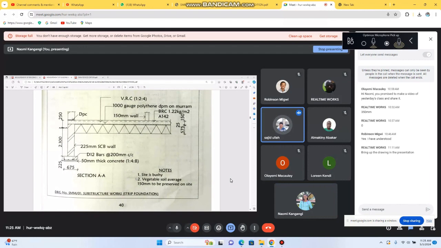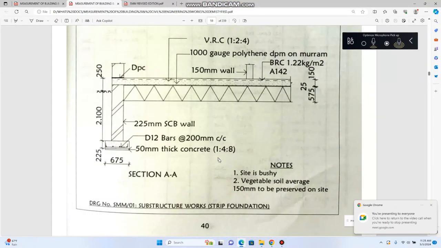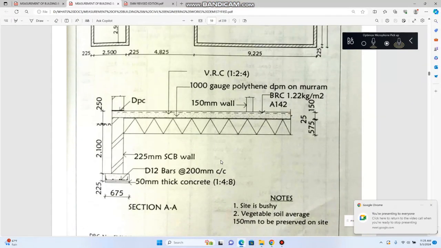For example, on this footing, the front we see 2.10 meters, 2.35 meters below from DPC level. We are not going 675, we go extra maybe 1.5 meters. The depth, yeah, the depth also.